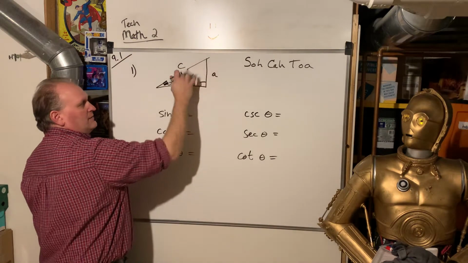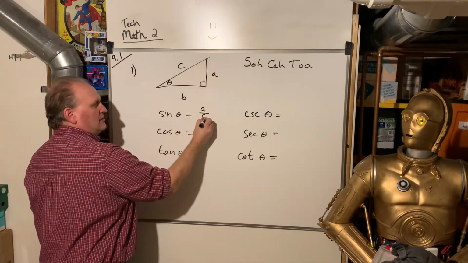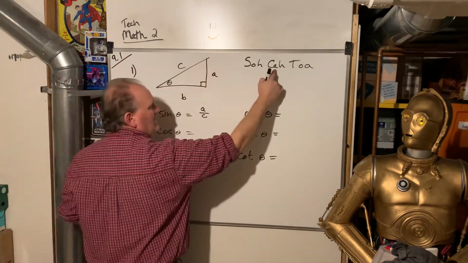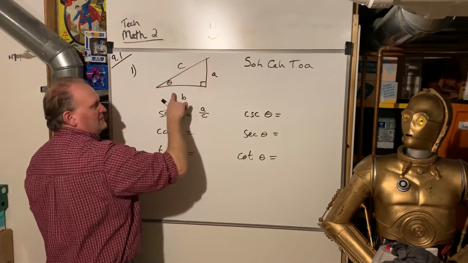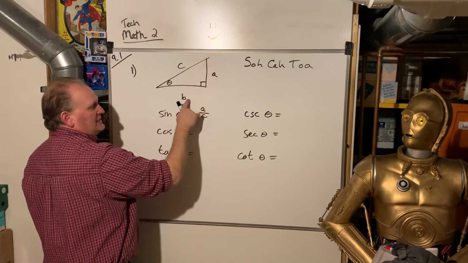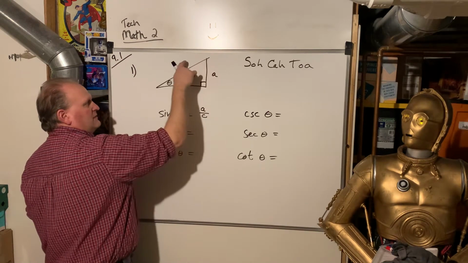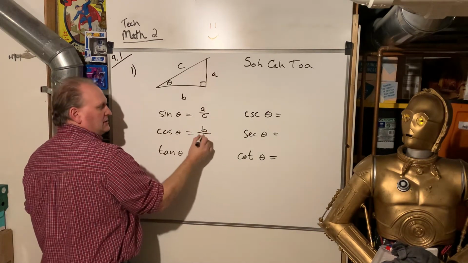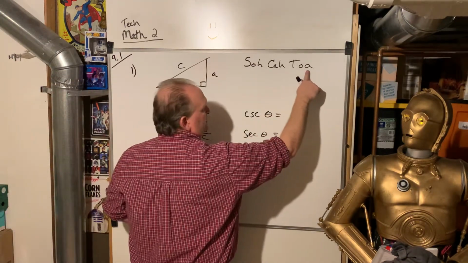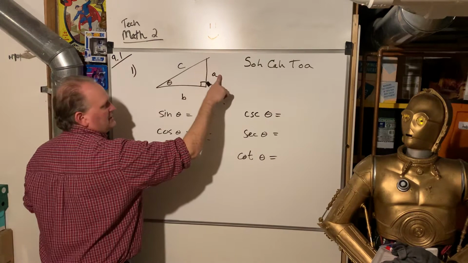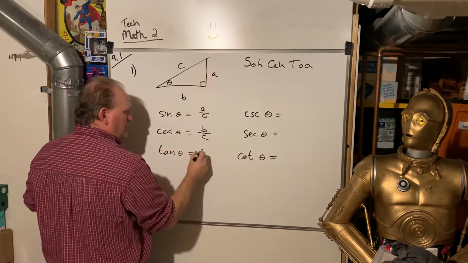So A over C. Cosine is adjacent over hypotenuse. So if this is opposite and that's hypotenuse, then this other one is adjacent. So that's B over C. Tangent is opposite over adjacent, A over B.